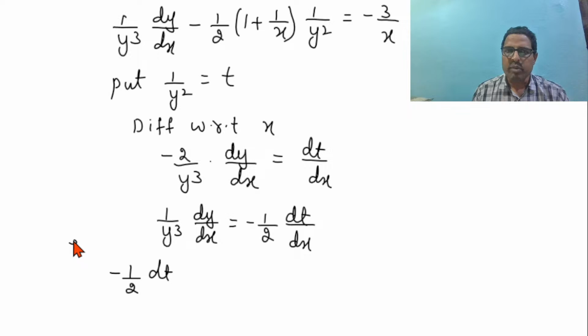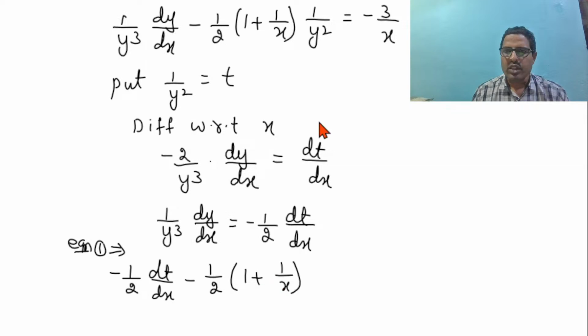So equation 1 implies minus half dt by dx minus 1 by 2 times of 1 plus 1 by x, 1 by y square, which is t, is equal to, on the right hand side, minus 3 by x.